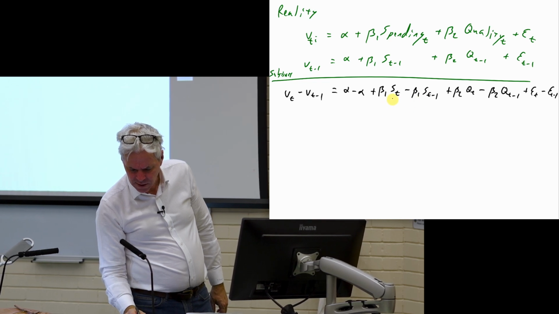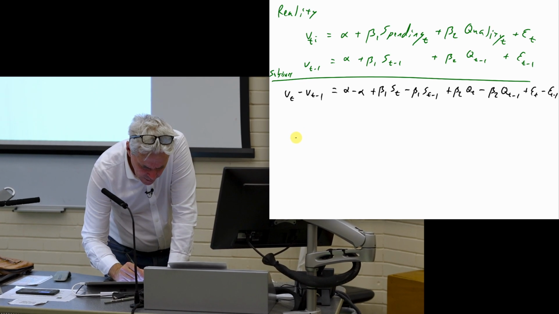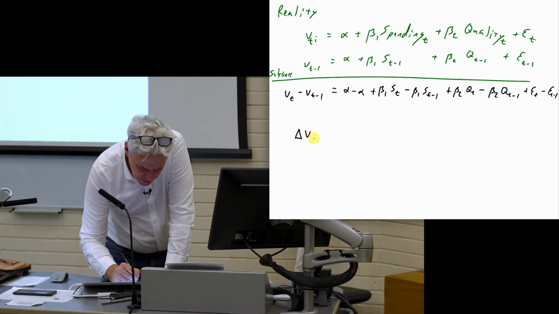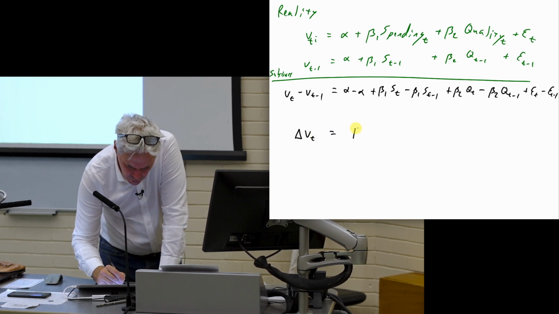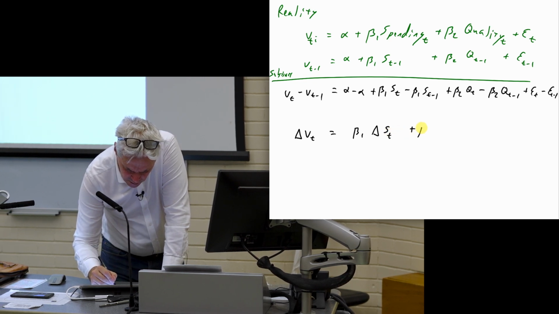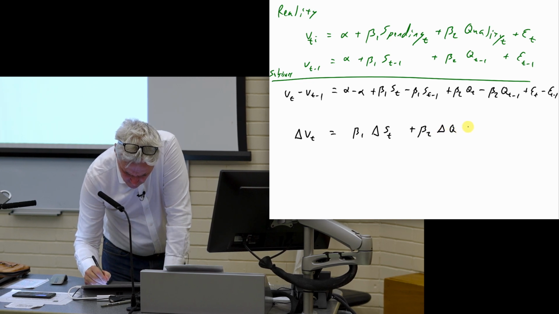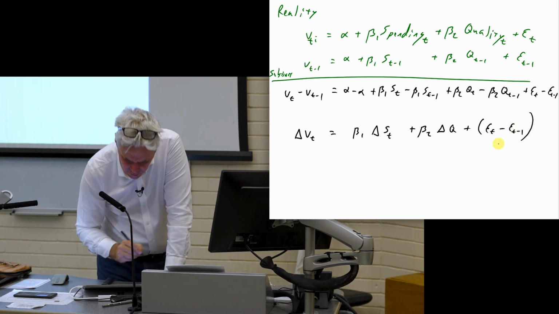The beta 1s are the same here and here, and the beta 2s are the same here and here. So let me write it this way: the change in V_t is equal to beta 1 times the change in spending, plus beta 2 times the change in quality, plus the change in the error.